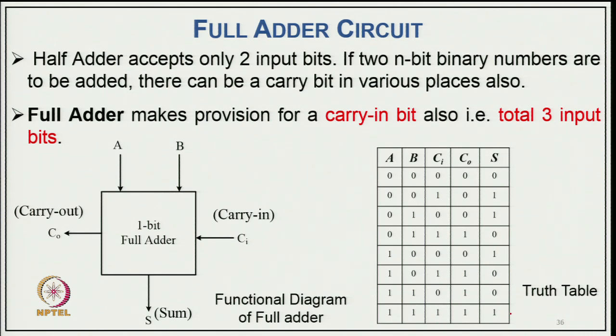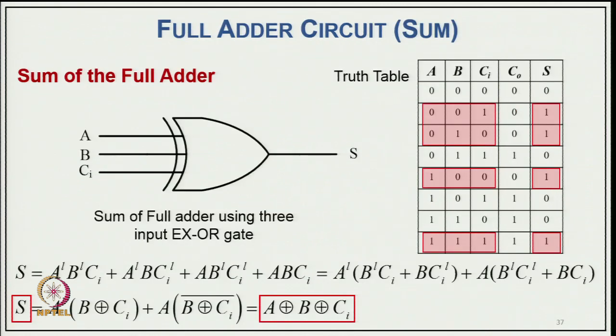So, these are the 2 outputs from these 3 inputs, which you can represent as the sum of the full adder by combining the truth table rows for S which have output 1.